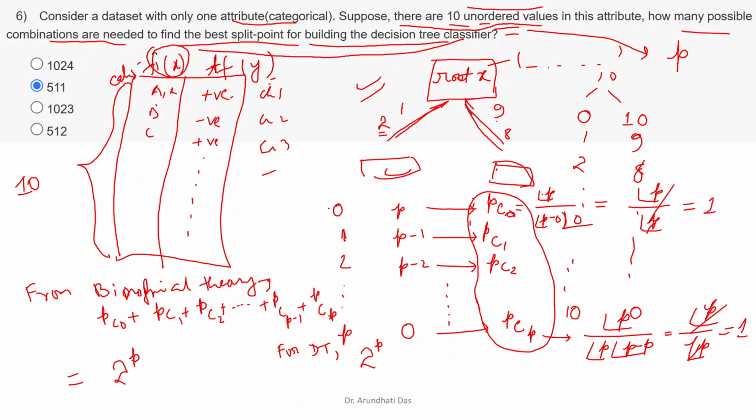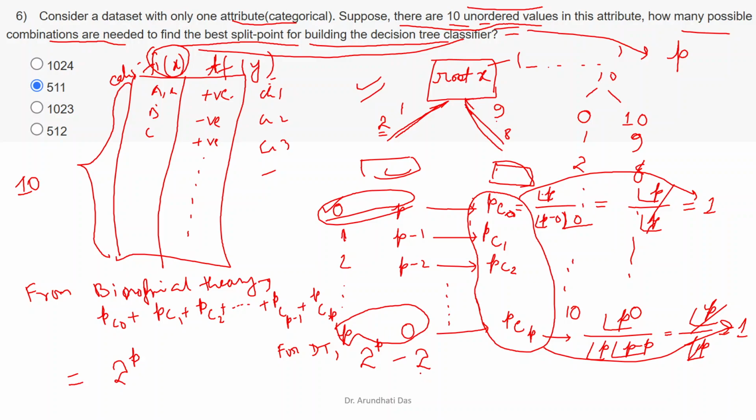There is one option where one set is totally empty and the other totally full, and in the last option the left hand side set is totally full and the right hand side set is empty. These two options we need to ignore. So for this decision tree, the formula is modified to 2 to the power p minus 2, because these two values each come as 1, and I am just subtracting these two.